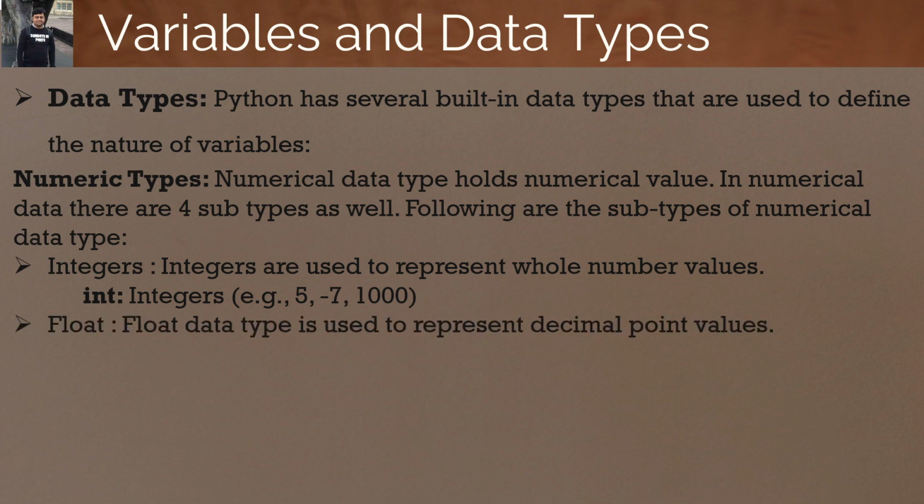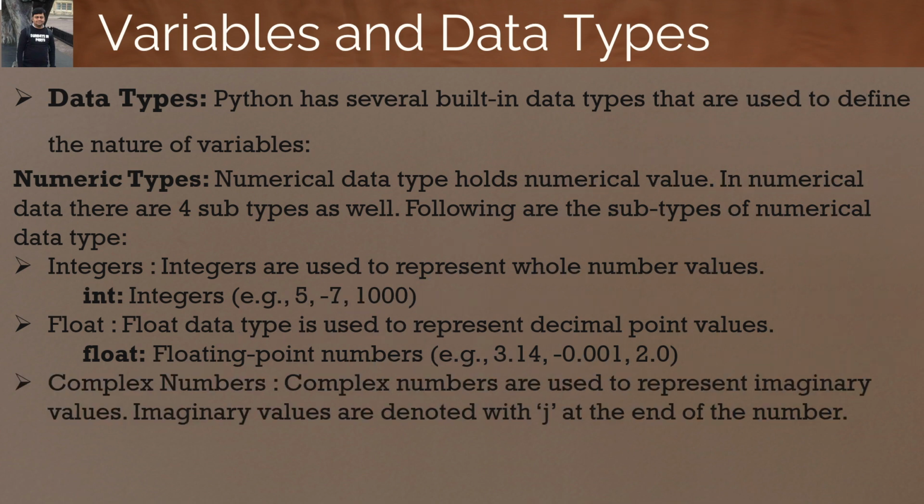The float data type is used to represent decimal point values. The keyword is float, in small letters, and floating point numbers can have multiple decimal points. Complex numbers are used to represent imaginary values.